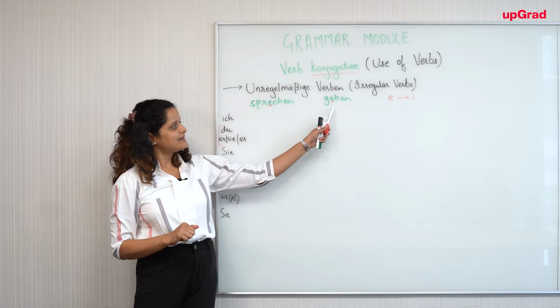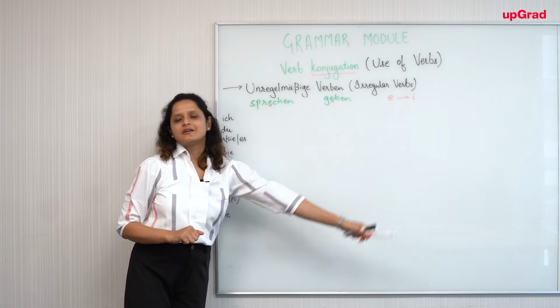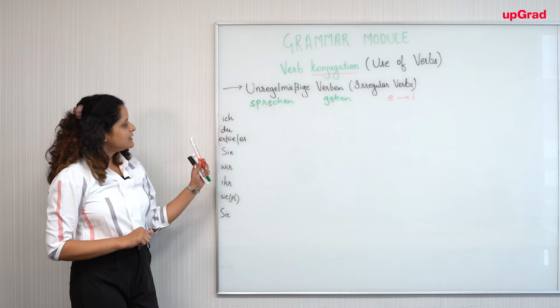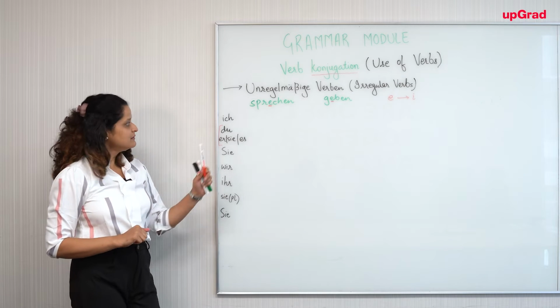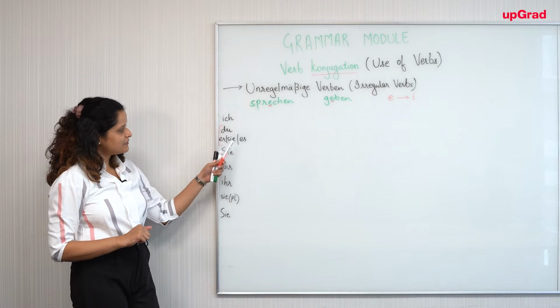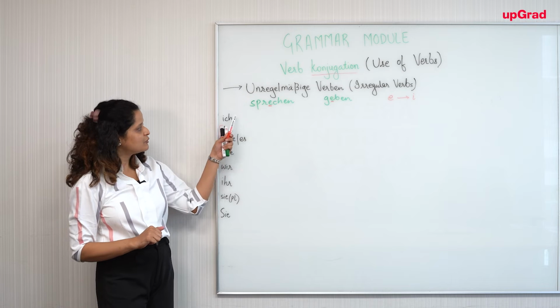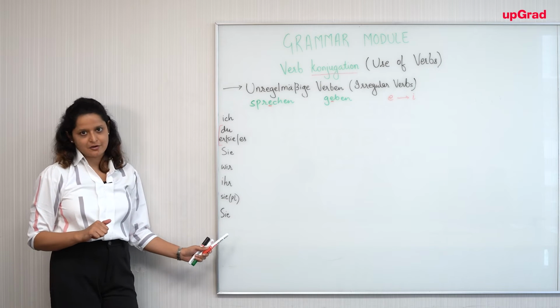For sprechen and geben, the change is just going to be I. Another thing to keep in mind again is it will only affect these two conjugations. It won't have an effect on the rest of the conjugation.